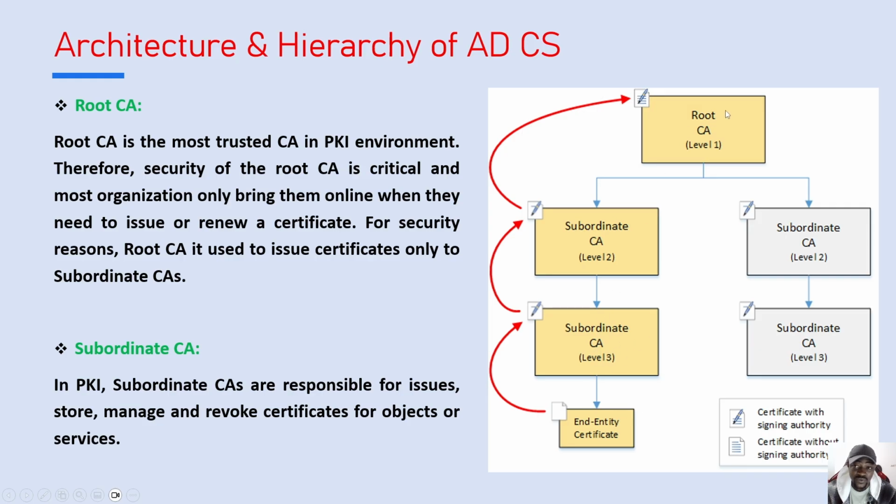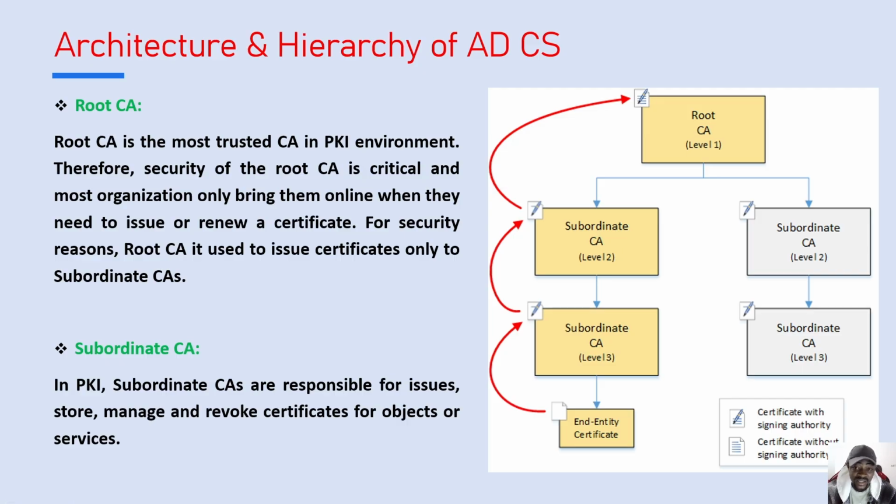So when you are configuring your root CA, you need to configure the CA certificate validity period. Then after that, you need to install a subordinate CA, and you also get that subordinate CA a certificate. So each certificate authority has its CA certificate.